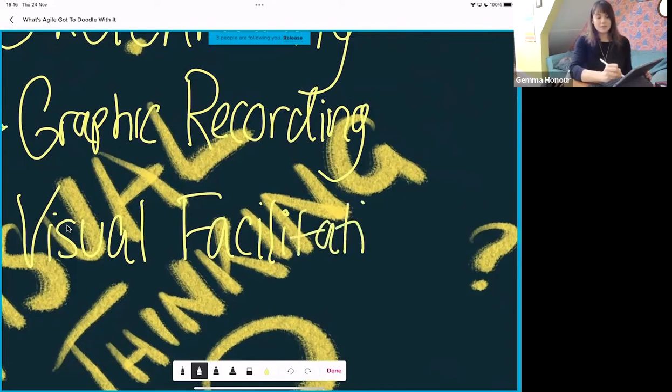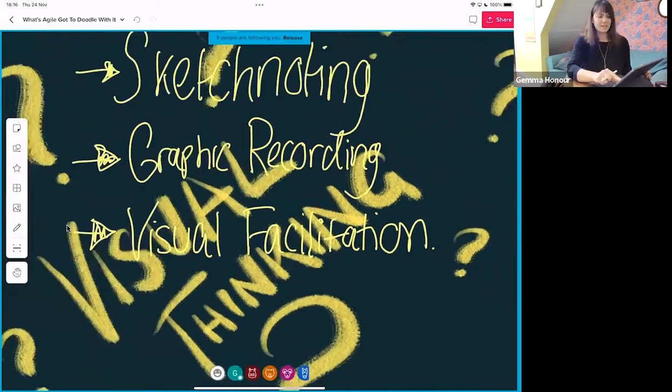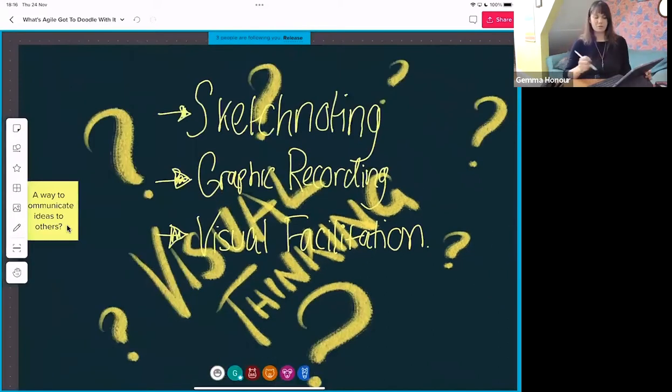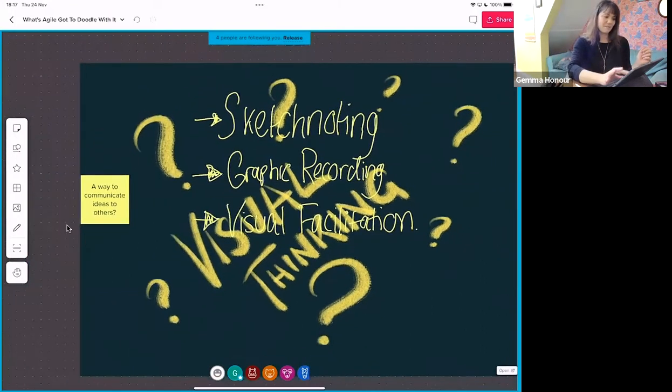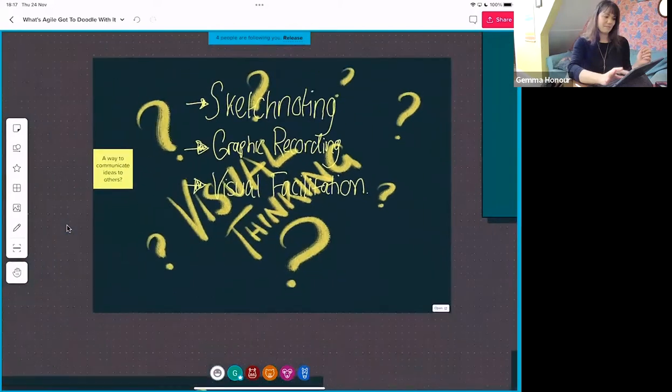Those are the three areas that all sit under the umbrella of visual thinking. And you're absolutely right. It's about taking something that's said, or a set of ideas that are maybe in a book, or within a room, and creating some kind of visual recording of those things. So it's a brilliant way to communicate ideas to others.